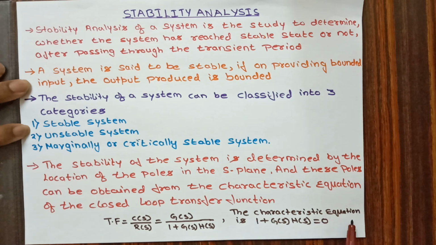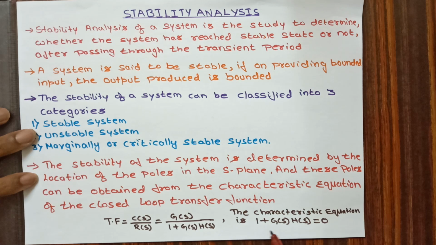The characteristic equation is 1 plus G(s)H(s) equals 0. Poles can be obtained from this characteristic equation, and by the location of the poles on the S-plane, we can determine the stability of the system.